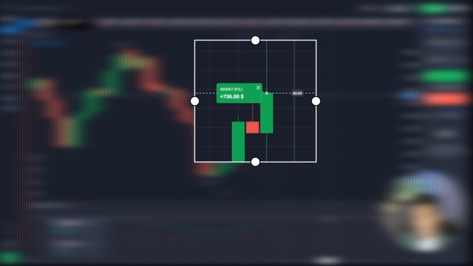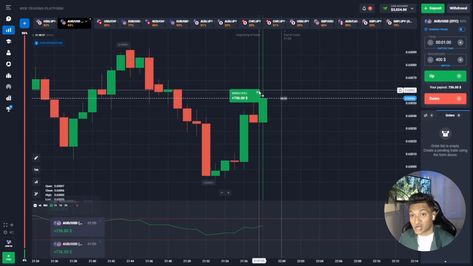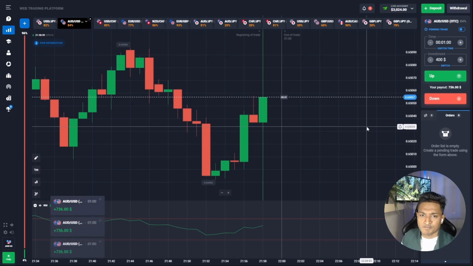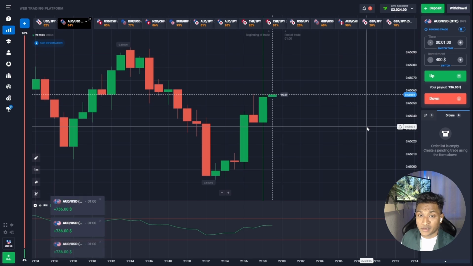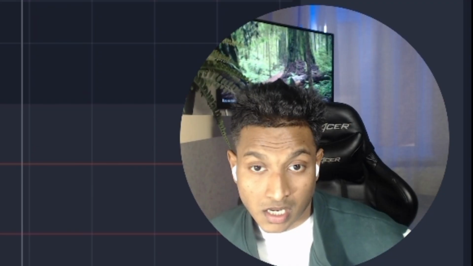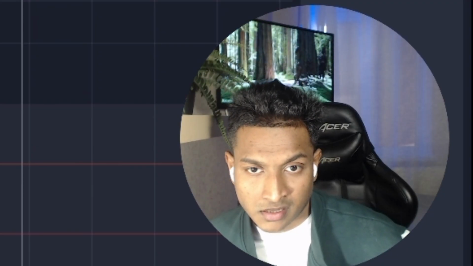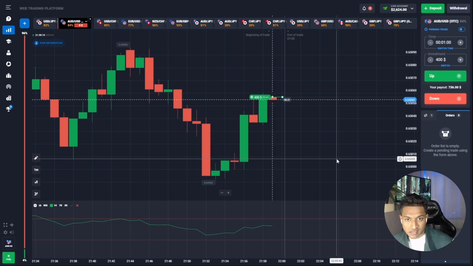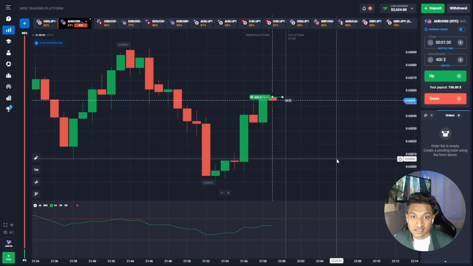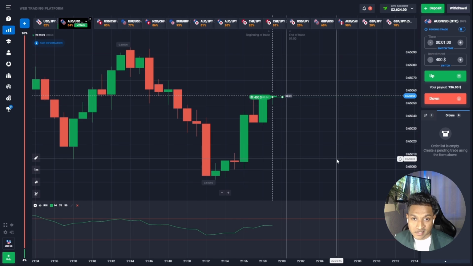Look at this, another $736 profit. And I think we need to be careful with this one. I think I made a mistake. It's like a stake of my money. I put my money in stake, I got a risk.